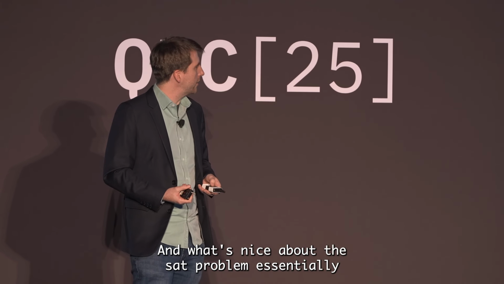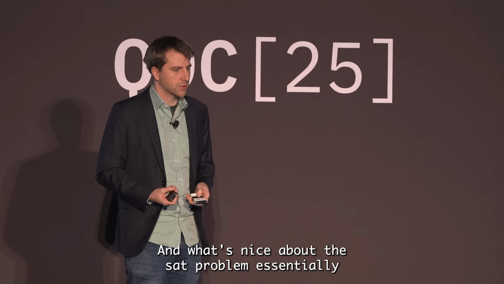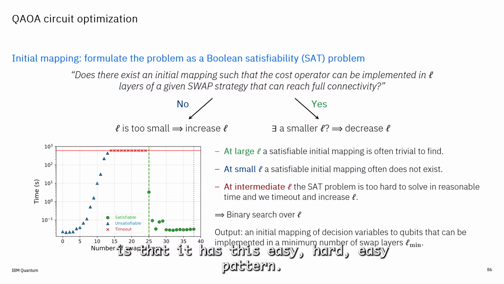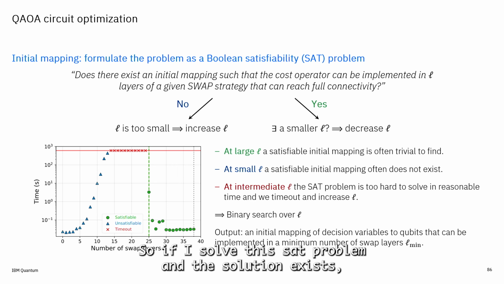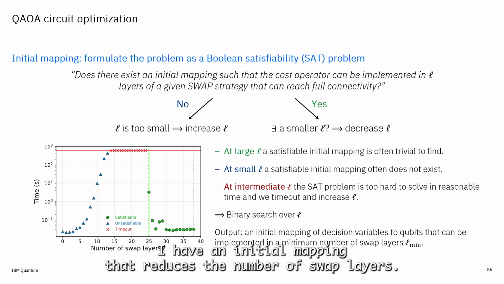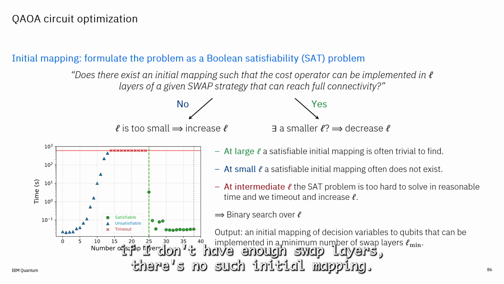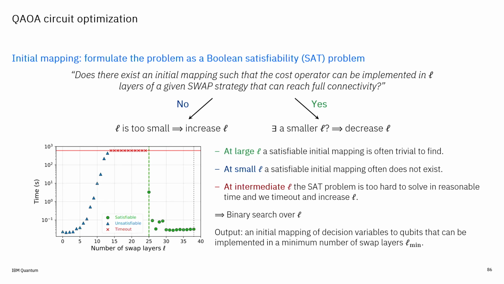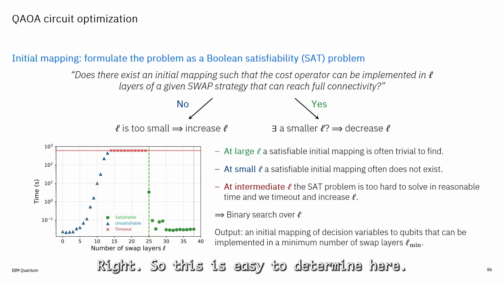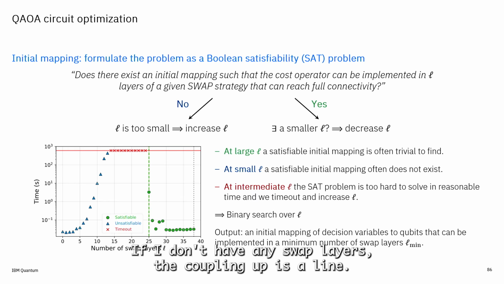And what's nice about the SAT problem, essentially, is that it has this easy, hard, easy pattern, right? So if I solve this SAT problem and the solution exists, I have an initial mapping that reduces the number of swap layers. Now I know that if I don't have enough swap layers, there's no such initial mapping, right? So this is easy to determine here. If I don't have any swap layers, the coupling map is a line.